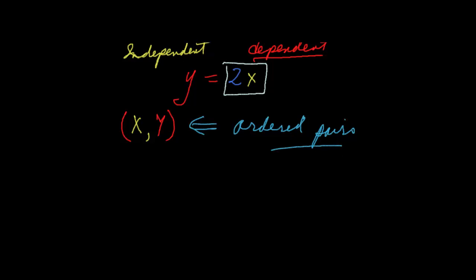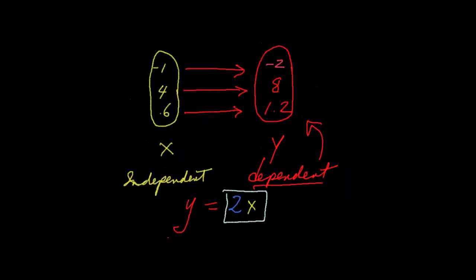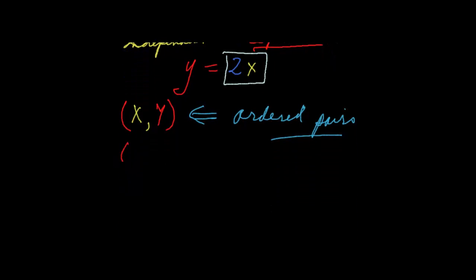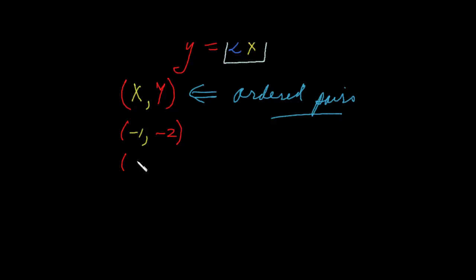Let's go back up here and generate the values. We had -1, and when we double that, that gave us -2. So that's our first ordered pair. Next, we had 4. 4 was our independent variable, and we applied the rule, and that was paired with an 8, our second ordered pair.